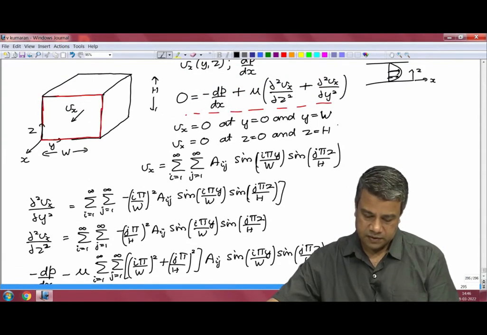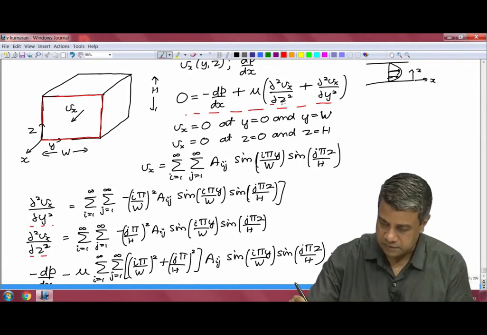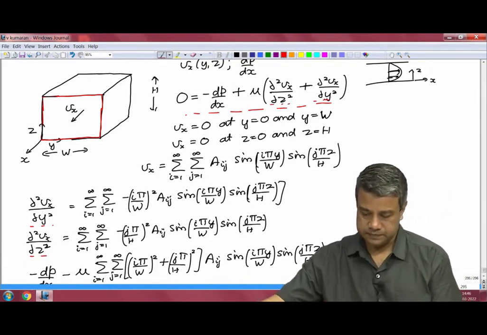Basically, I have just substituted these two expressions for the derivatives into this equation.